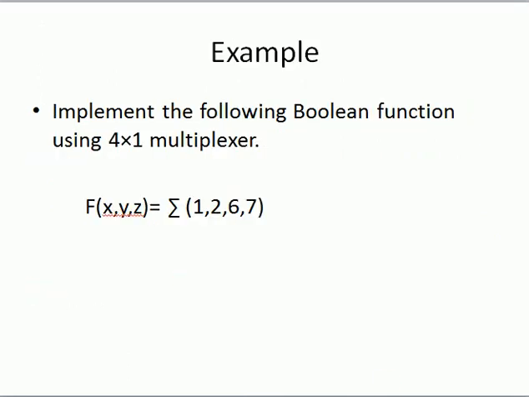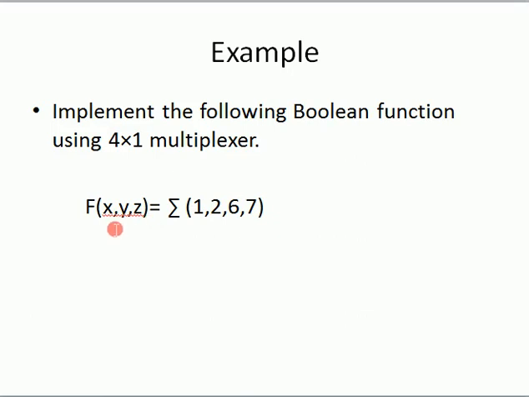So first of all we have this example, in which we have to implement the following Boolean function using a 4x1 multiplexer. We have f of x, y and z equal to summation 1, 2, 6 and 7. There are 3 variables, x, y and z. How many select lines will there be?